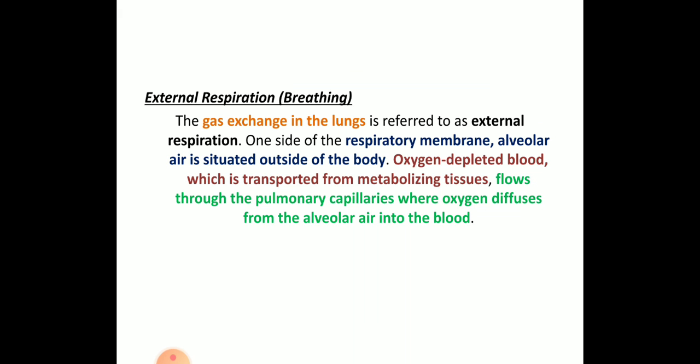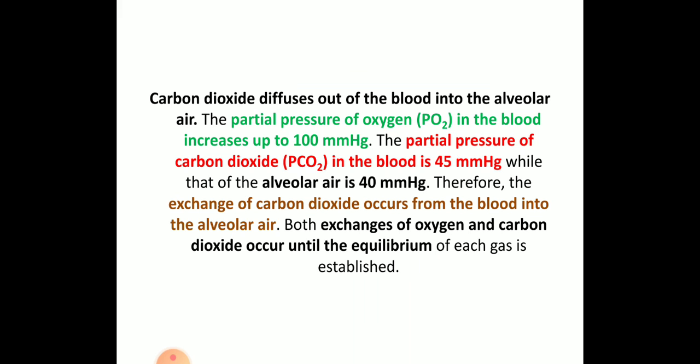The oxygen-depleted blood is transported from the metabolic tissue and flows through the pulmonary capillary, where oxygen diffuses from the alveolar air into the blood. This is how external respiration takes place, and here the partial pressures are very important. The partial pressure of oxygen in blood increases to 100, and the partial pressure of carbon dioxide is maintained up to 45 mm mercury, whereas in alveolar air it is around 40 mm mercury.